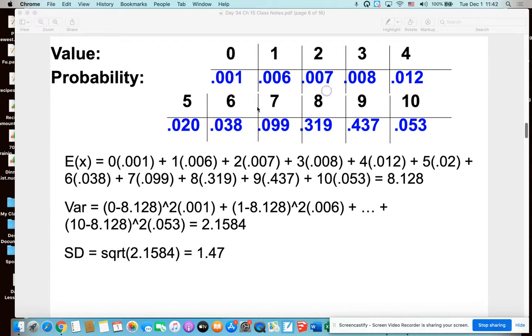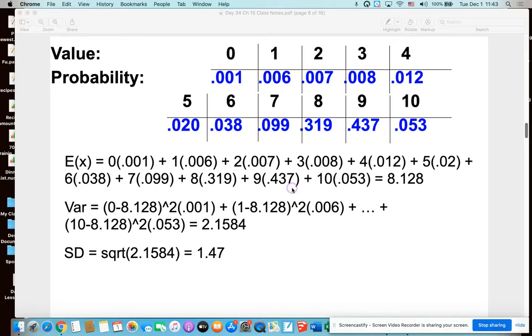You'll notice all these probabilities will add up to 100%, or 1. So how much does the value of 1 contribute to the total, right? Well, it's only 0.006. So when you multiply those out, it contributes very little, right? A value of 2, 0.007, etc. So an 8 times 0.319 is going to contribute a lot more than a 0.006 times 1, right?